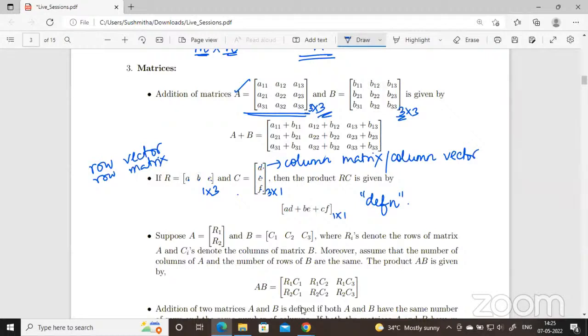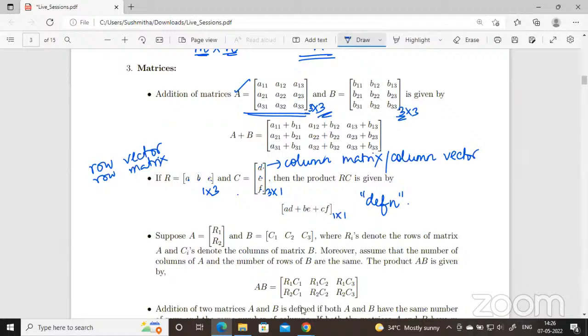Once this is defined, I can talk about the product of two matrices. Ma'am, what is the practical application of multiplying these matrices? This forms the basis.